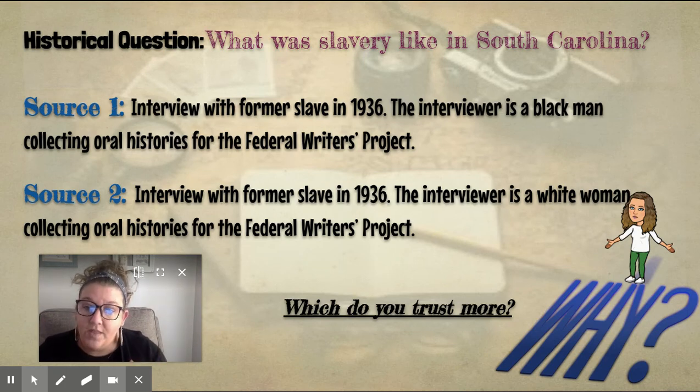However, they likely would have felt more comfortable talking to someone who shared the same race that they did, who was Black, who was a man, and not a woman who needed protecting. They would have felt more comfort in telling him a more accurate retelling of what they experienced throughout their life. So we're going to get more accurate information because they felt more comfortable with that interviewer.